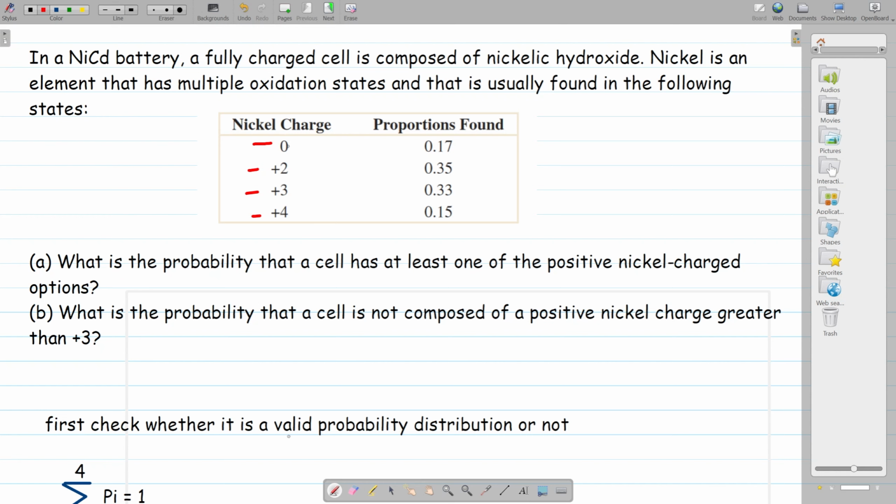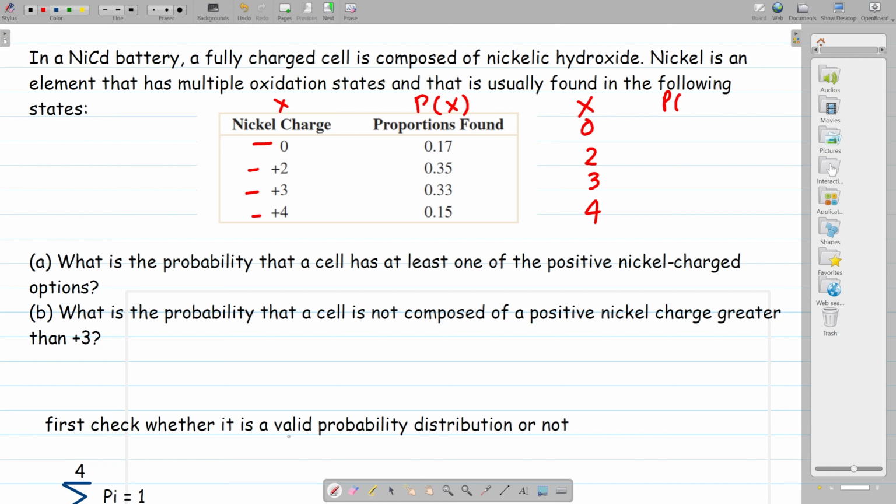So if we think of the nickel charge as x, that is our discrete random variable. So here x is 0, 2, 3 and 4. They have given us some proportion values, 0.17, 0.35, etc. So this is the probability of each x. There's no problem thinking like that, right?